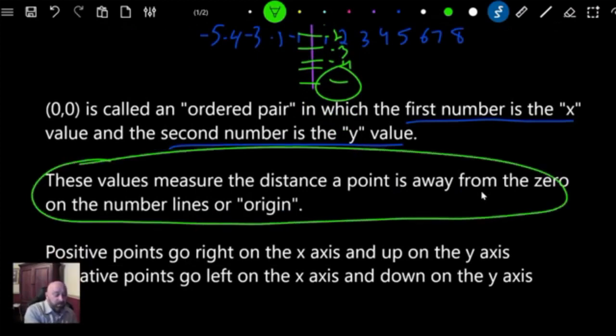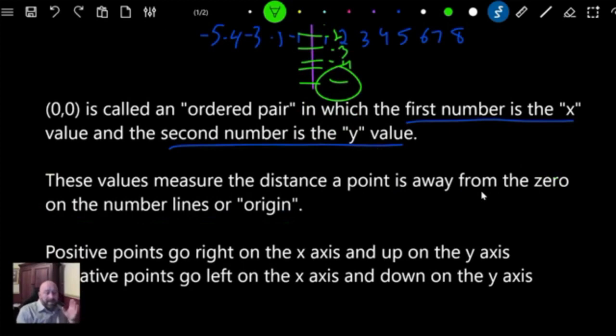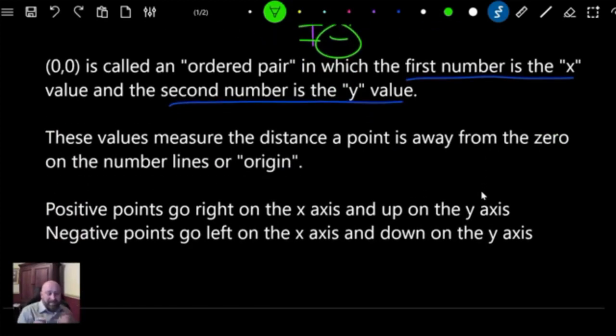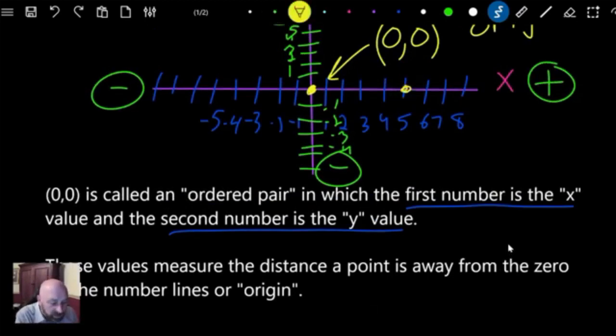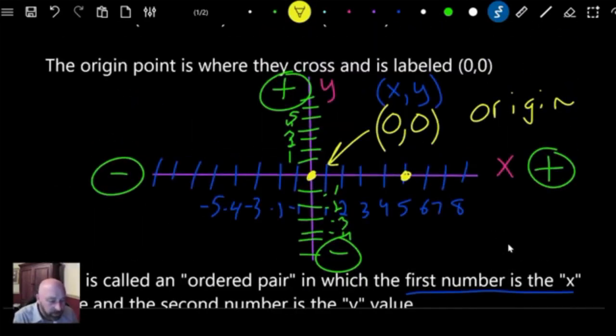So notice what I said right here. These values, these coordinate points, they measure the distance a point is away from 0, just like we did on the number line, right? So if I have a coordinate point over here, let's say it's right here, okay? So how many spaces away from 0 is that? Look, 1, 2, 3, 4, 5. And you can see that I'm at the 5. So I'm 5 spaces away from 0.